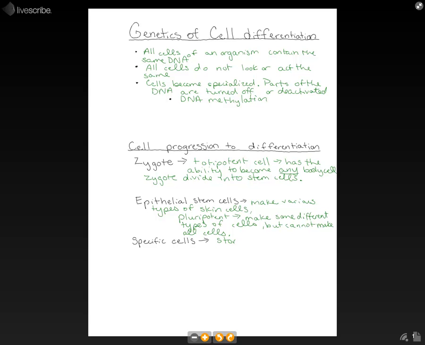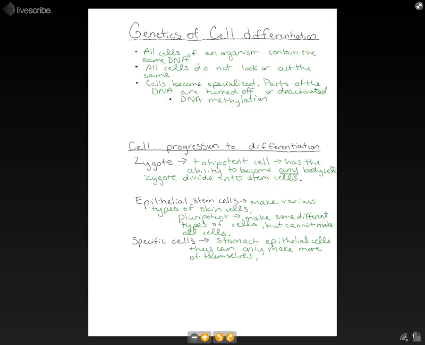So we could say stomach epithelial cells, so like cells in the lining of your stomach, they can only make more of themselves, like through mitosis.